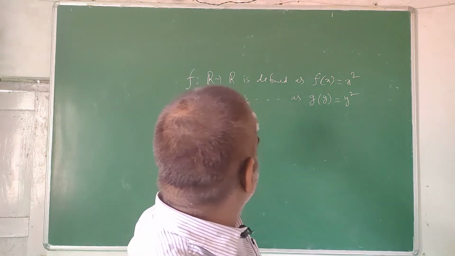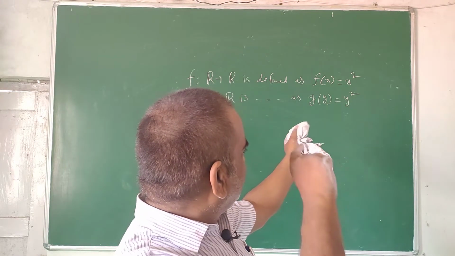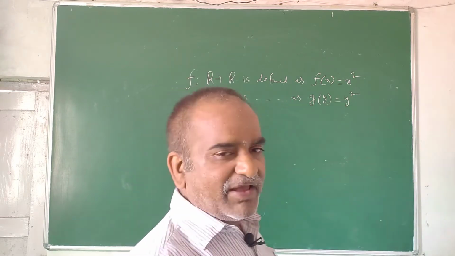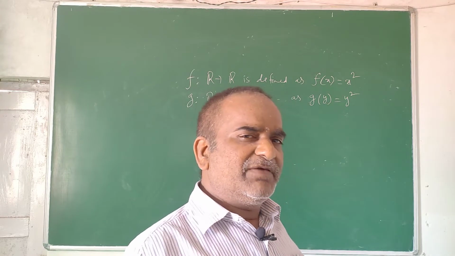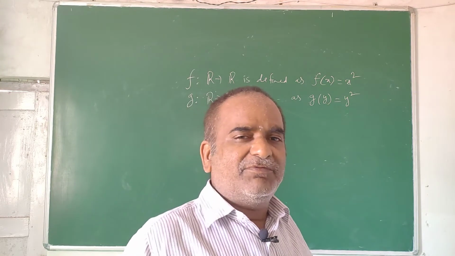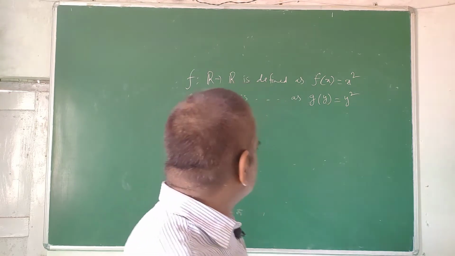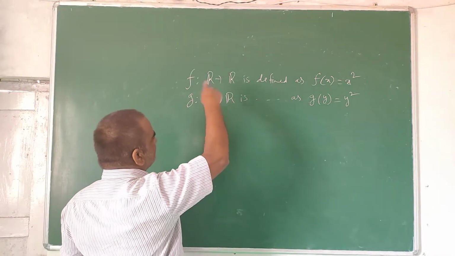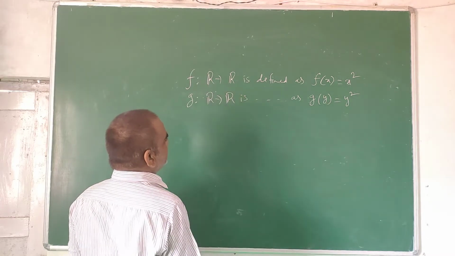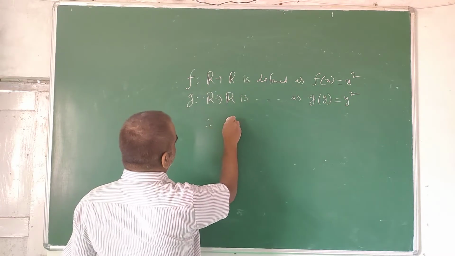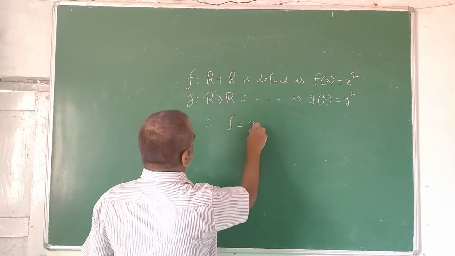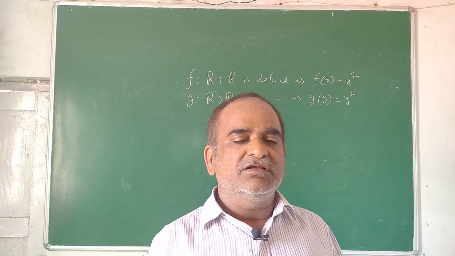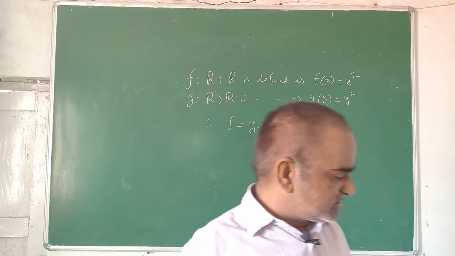Domain same, codomain same, and their images: x is mapped to x square, y is mapped to y square. Definition wise also same, only the variable changed. After all, it is a running variable, you can change it. So all the conditions are satisfied here: domain same, codomain same, definition same, so you can conclude that here f is equal to g. Understood? I think you understood equality of functions.